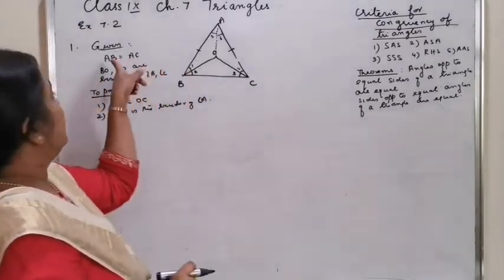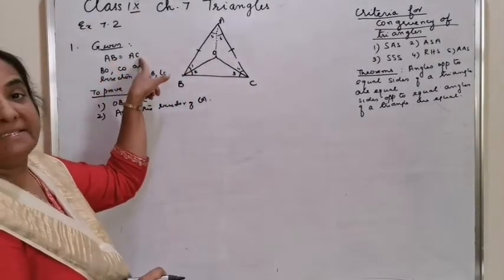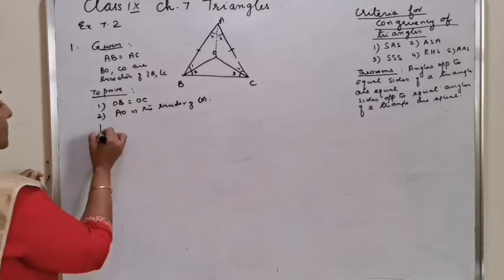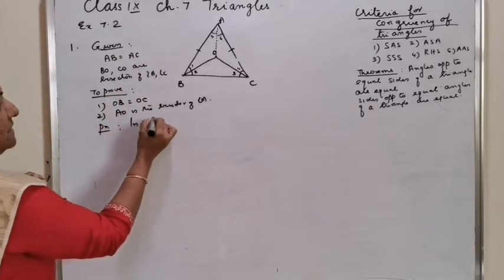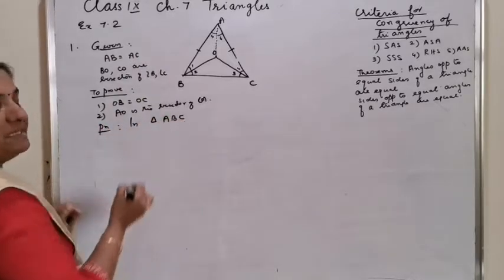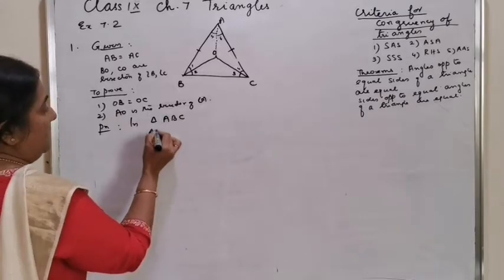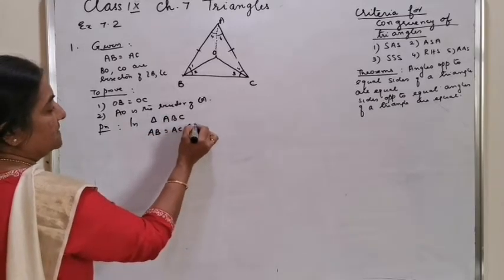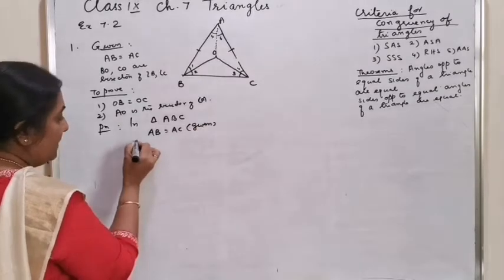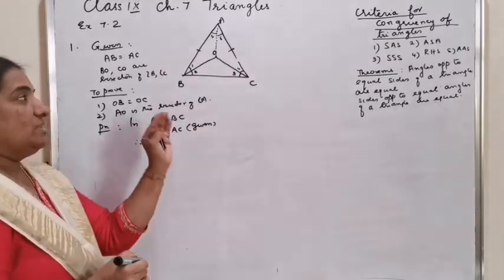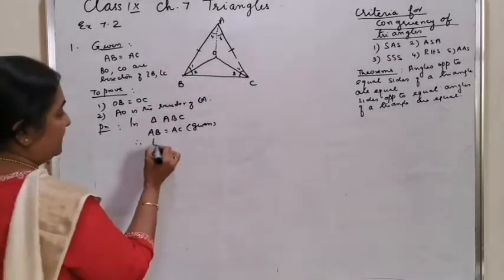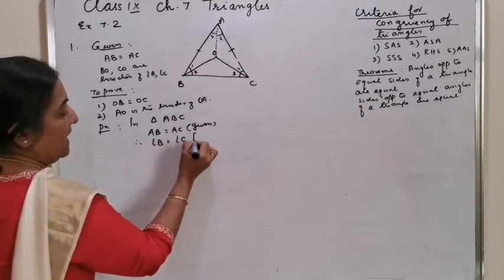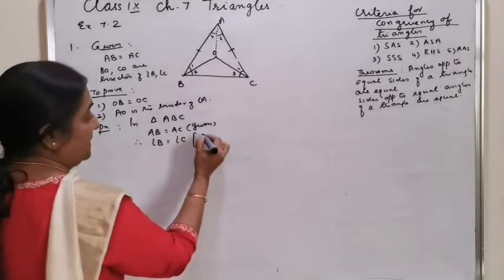The proof always starts with a given condition. The first given condition is AB and AC are equal. So the proof starts as, in triangle ABC, AB is equal to AC, given. Therefore, which are the angles opposite to it? Angle B is equal to angle C. The reason?